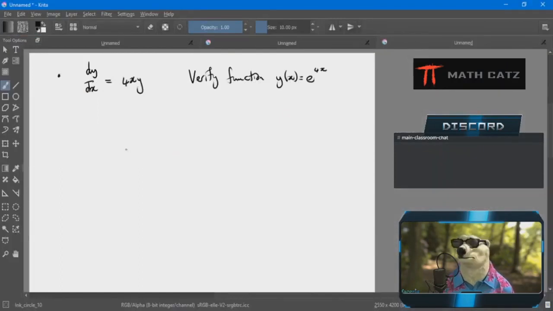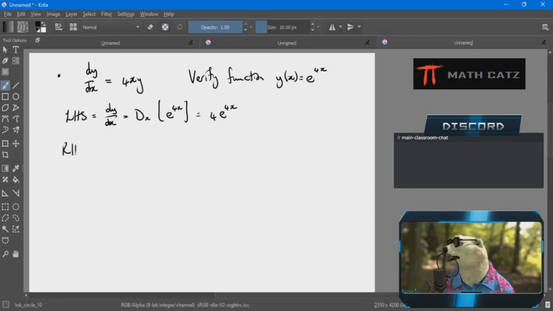All right. So now I go left-hand side, plug it in. Left-hand side requires that I take the derivative, so I will do that on this function. That is going to be 4e to the 4x. Right-hand side requires that I evaluate 4xy.